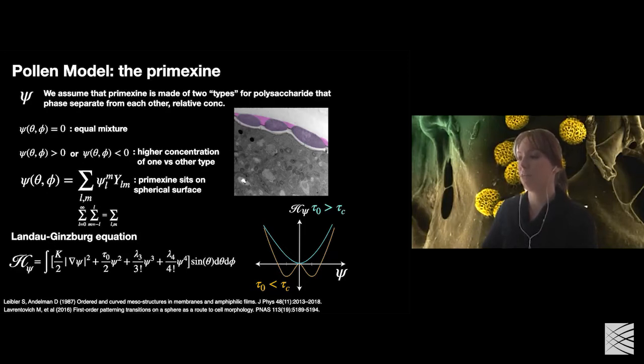So all that means is, if you look at this particular graph down here, where we're representing our free energy of the Primexine versus our Primexine material, let's look at the blue one first. The blue one is where you don't have a phase separation yet. You have an equally mixed system. So your lowest energy state is just psi is 0, they're mixed.